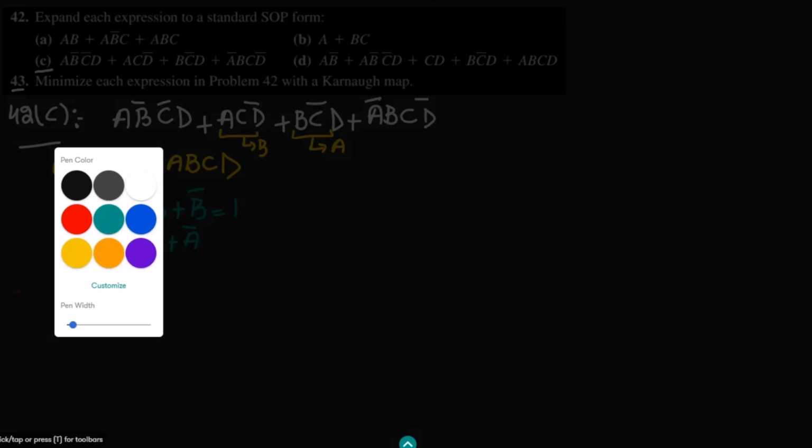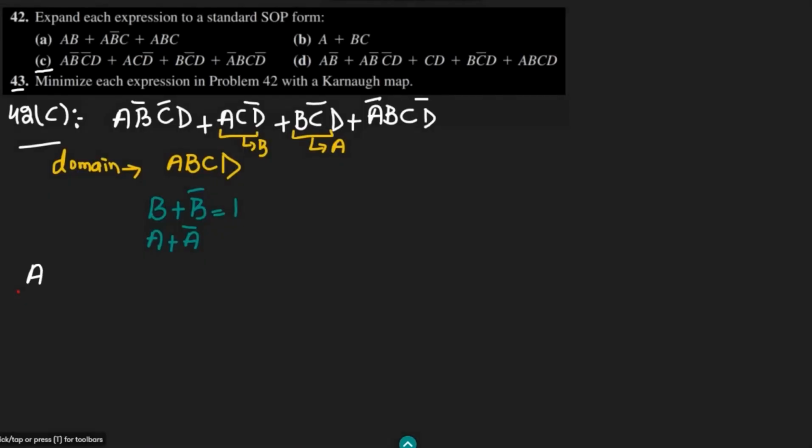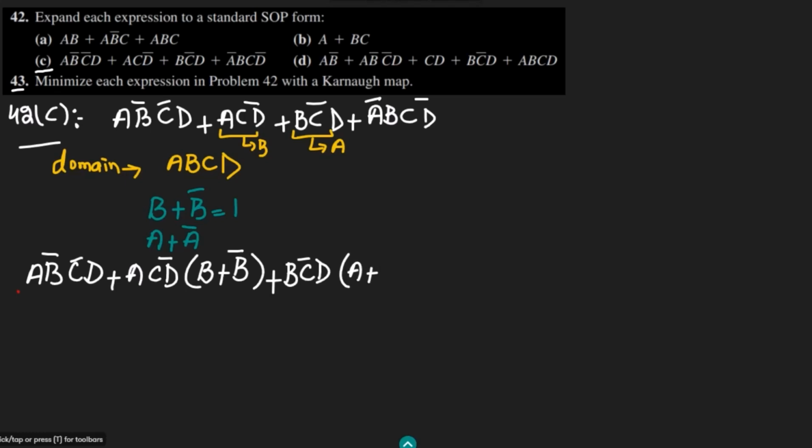Let me write them here and I will get AB'C'D plus ACD', and with it I have to multiply B plus B complement to convert it to the standard term. Similarly BC'D, and with it I have to multiply A plus A complement. And the last term here is A complement BCD complement.